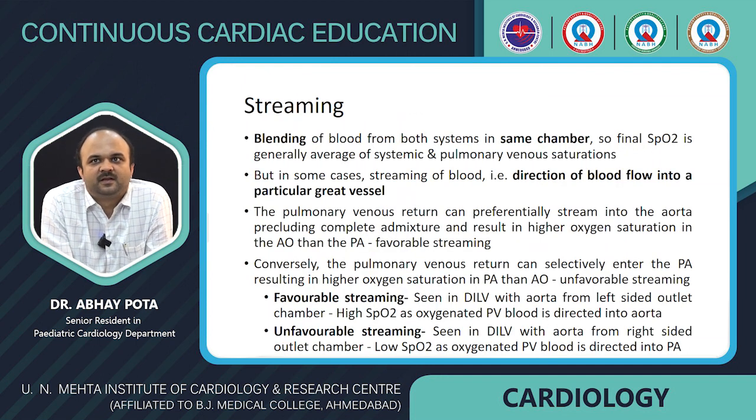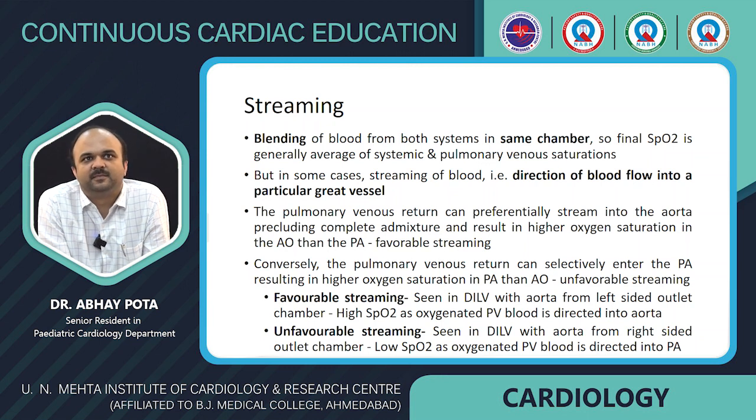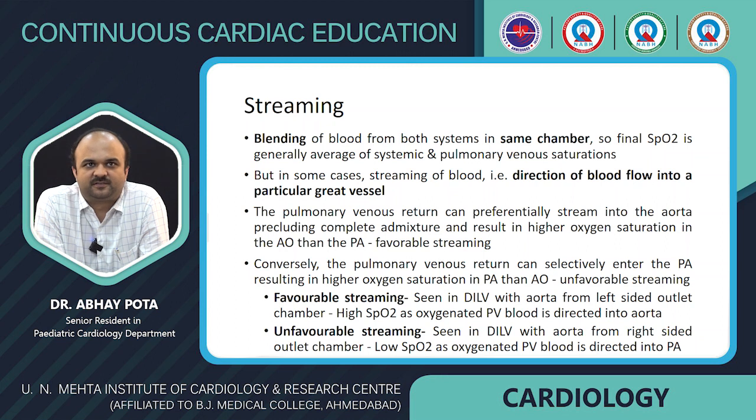Thus, as we discussed earlier, complete admixture is seen in case of single ventricle lesions, but in certain cases complete admixture is not there. An example is streaming. Blending of blood from both systems occurs in the same chamber, so final saturation is generally the average of systemic and pulmonary venous saturations, but in some cases streaming of blood, that is direction of blood flow into a particular great vessel, is seen.